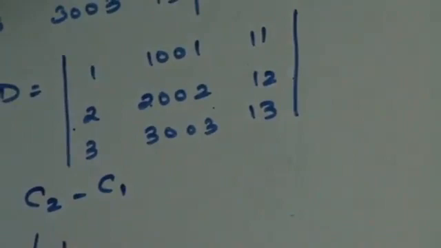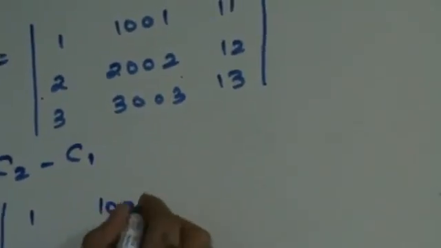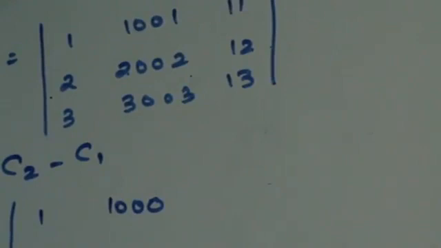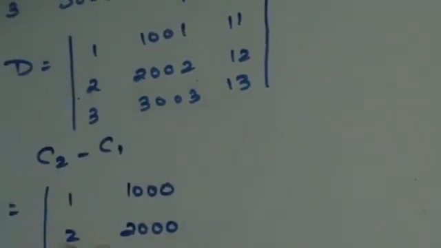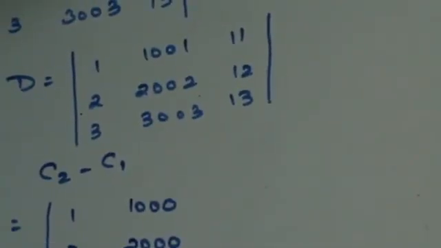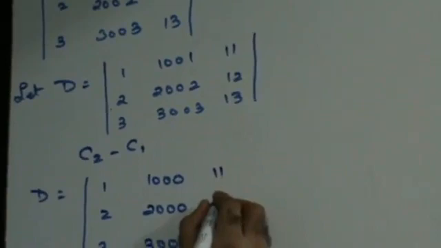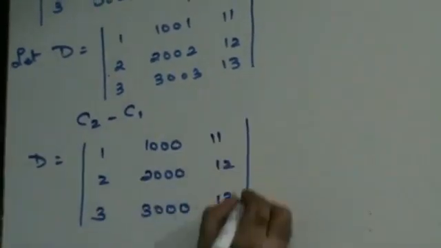So 1, 2, 3, column 1 remains as it is. 1001 minus 1 will be 1000. 2002 minus 2 will be 2000. 3003 minus 3 will be 3000. So I have done C2 minus C1. 11, 12, 13.